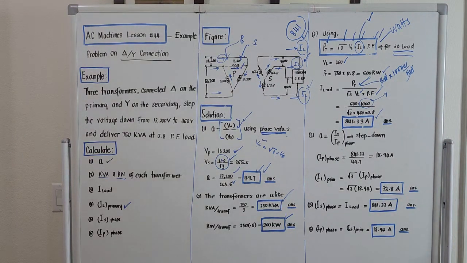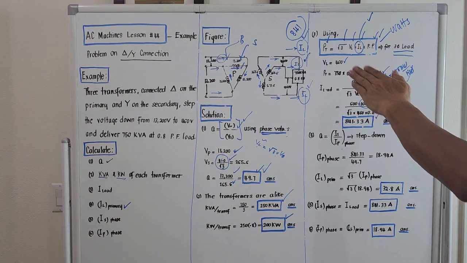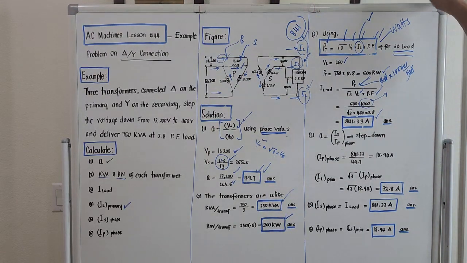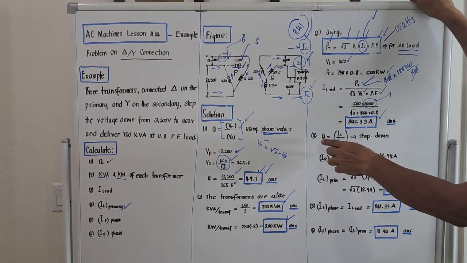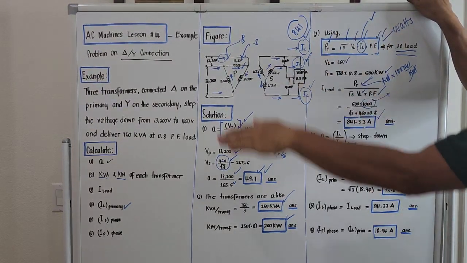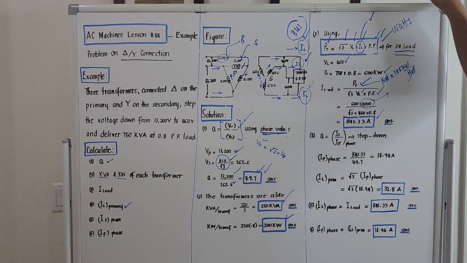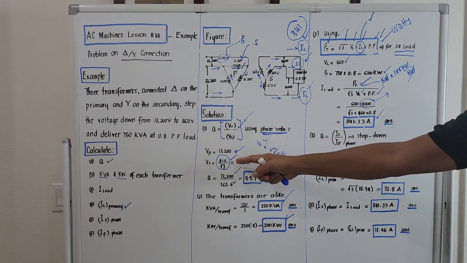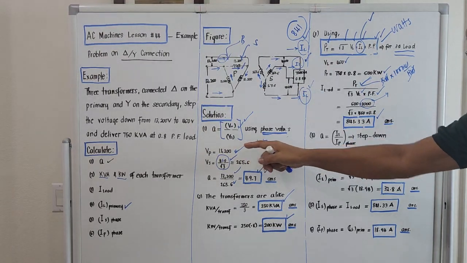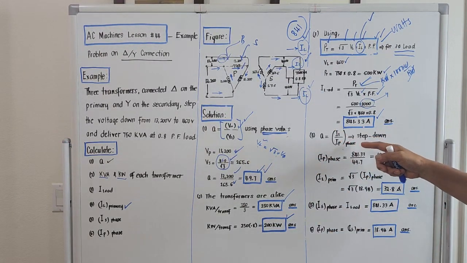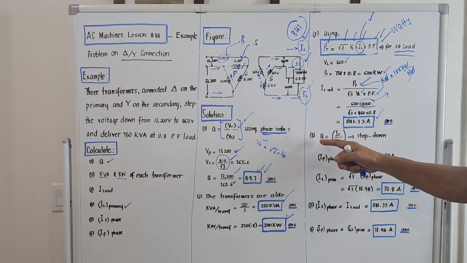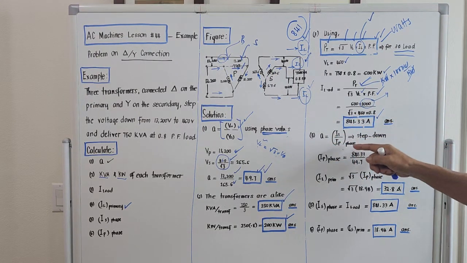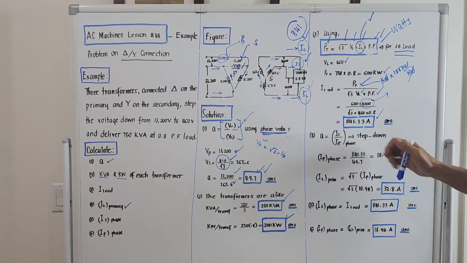To compute for the primary current, we will be using this value here, and we will bring out the formula on how to compute for the ratio of transformation using current values. The first one we used was by using the so-called voltage values. By using the so-called current values, the ratio of transformation will be I sub S over I sub P, a closed quantity with subscript phase value, for a step down.